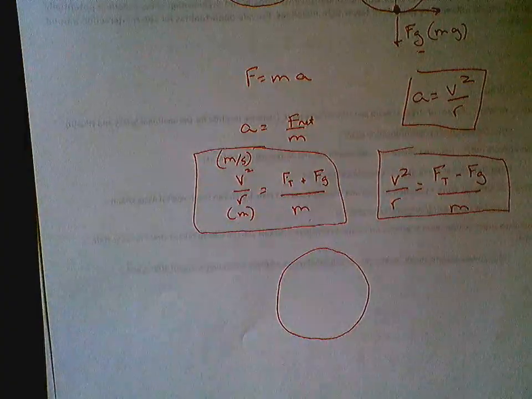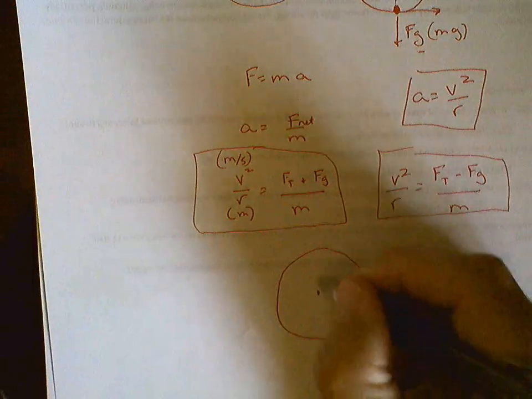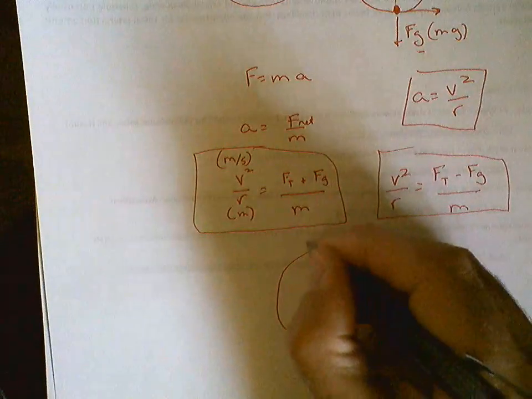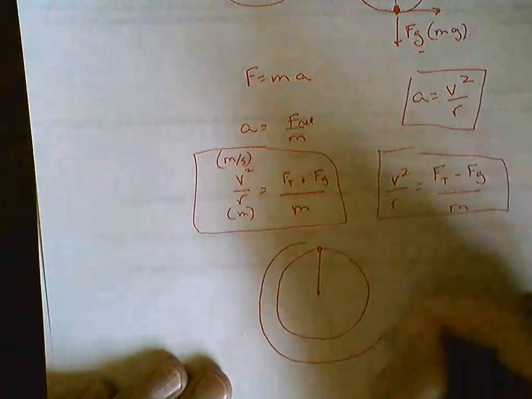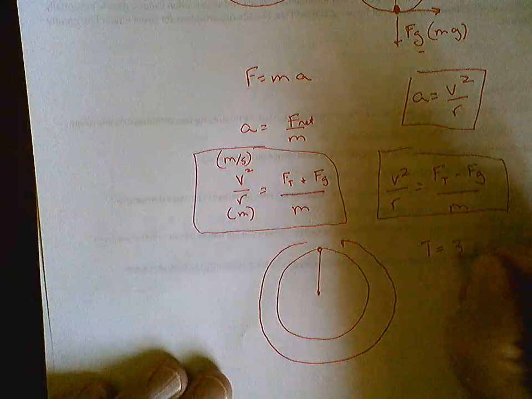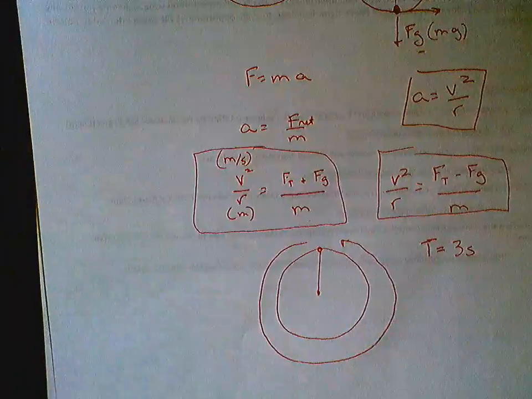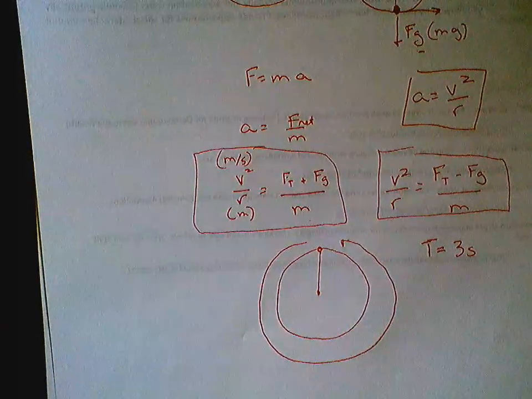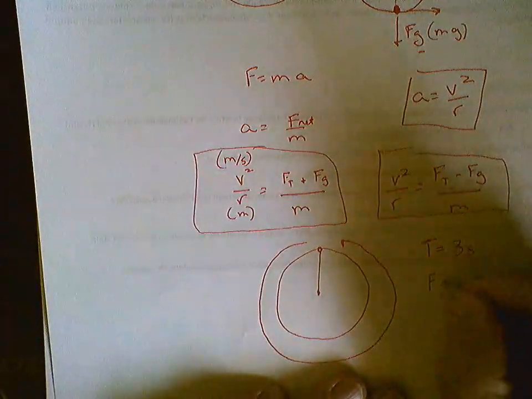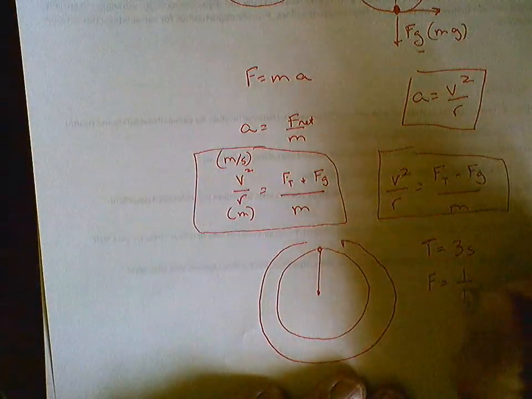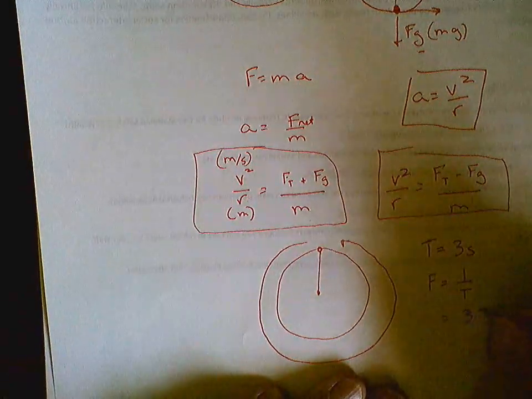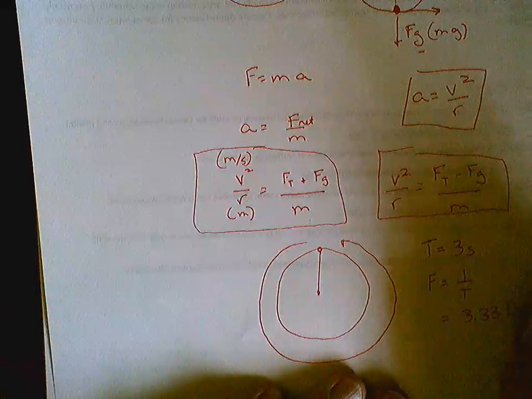If we have something that's in centripetal motion, the trip around here, let's say it took 3 seconds. T equals 3 seconds. T is your period. It's the time for one trip around here. The frequency would be 1 over T. So that would be 3.33 hertz.